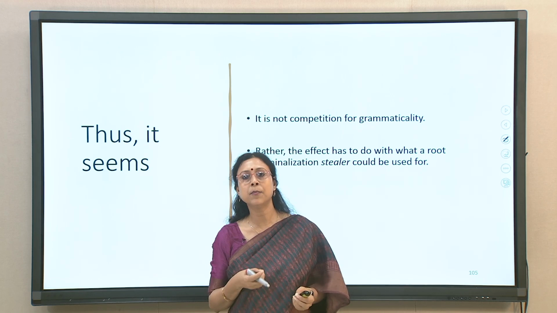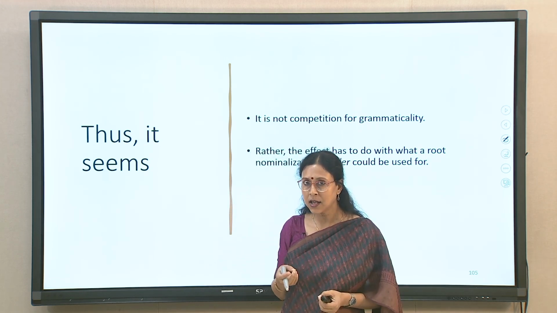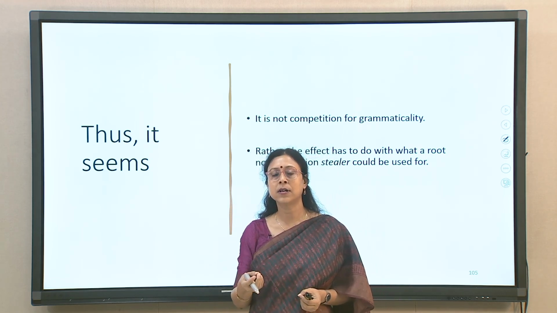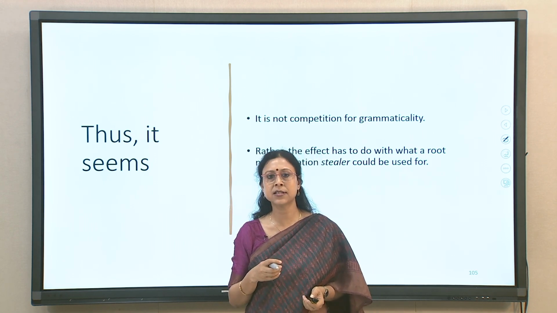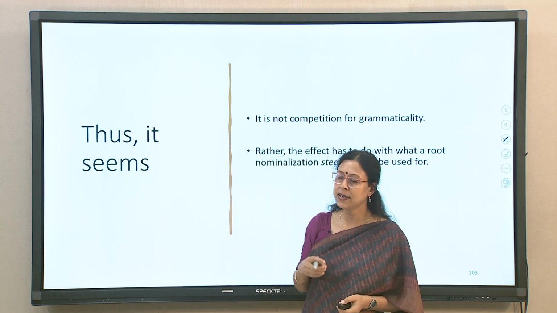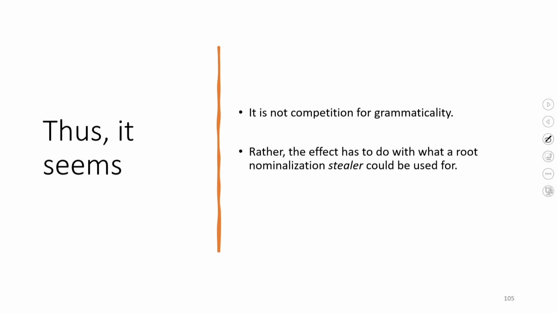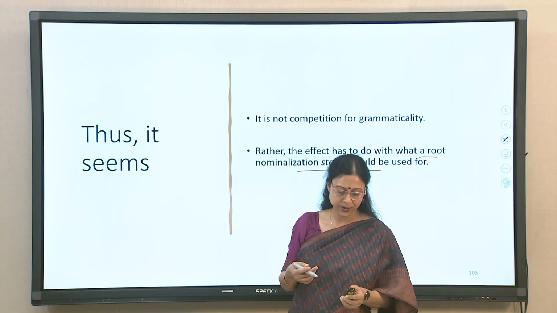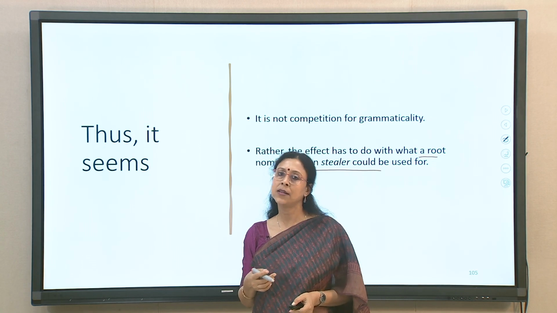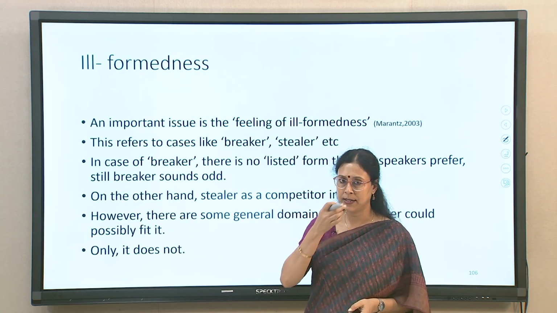You do not need a competition between lexical entities for the idea of blocking to emerge. The competition is not for grammaticality; rather, the effect has to do with what a root nominalization stealer could be used for. Where will you use it? In order to use it, you need an object to be stealing. This is how you can explain it.